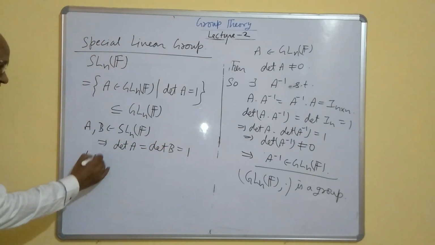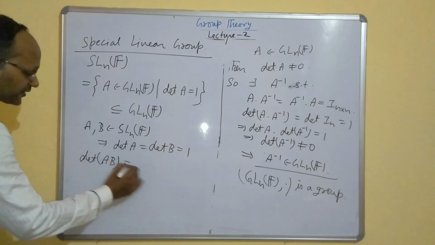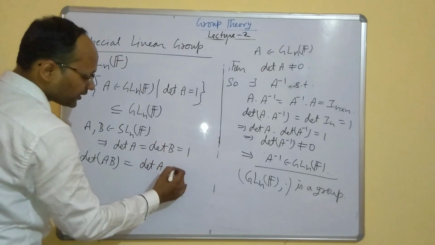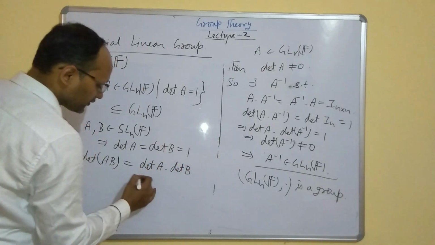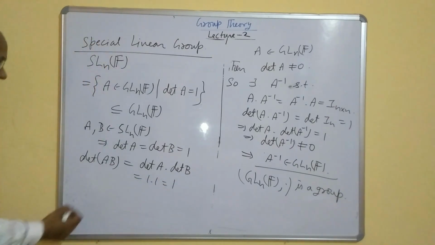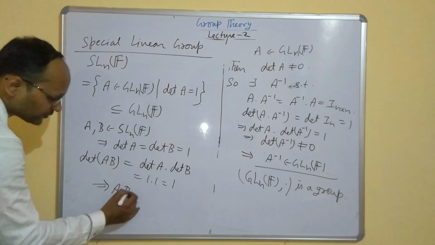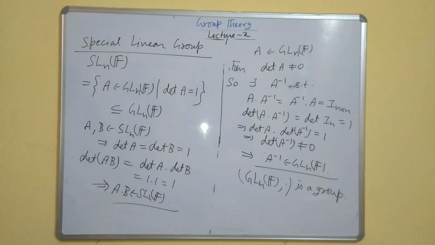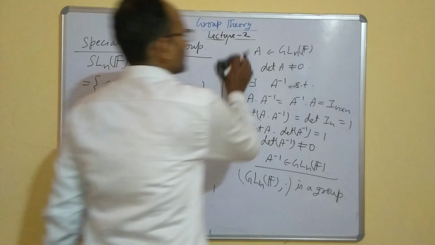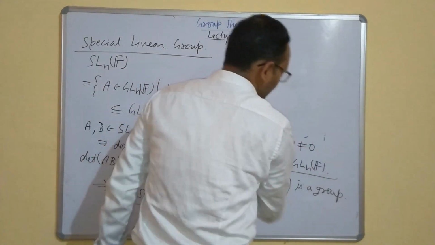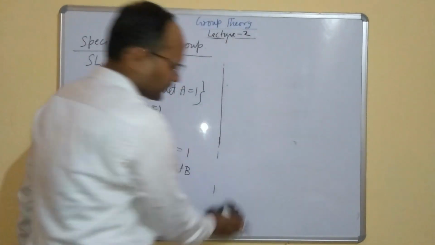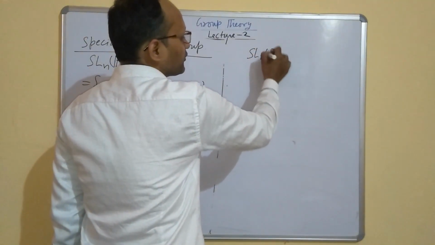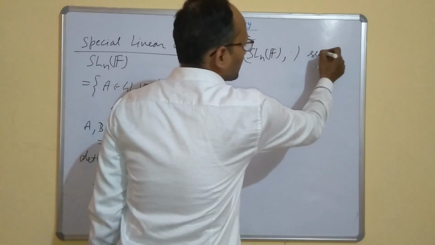Then what about the determinant of AB? By the definition of determinant, the determinant of AB is equal to the determinant of A into the determinant of B. So it is 1 into 1, so it is 1. So this means AB also belongs to SLnF. So SLnF with respect to multiplication forms a semigroup.